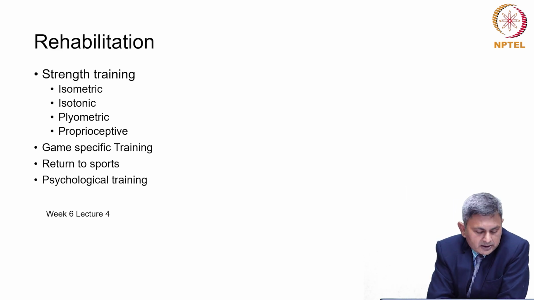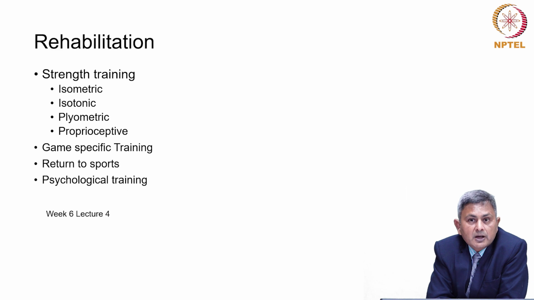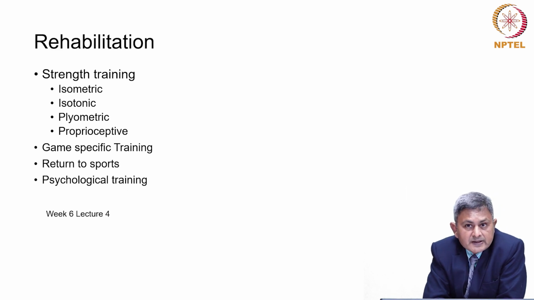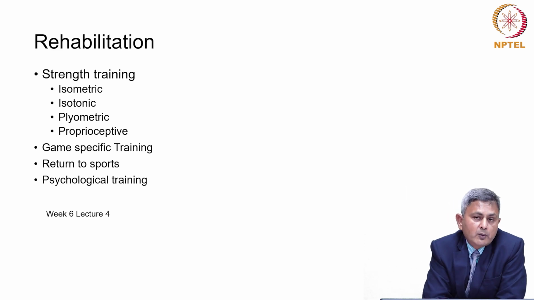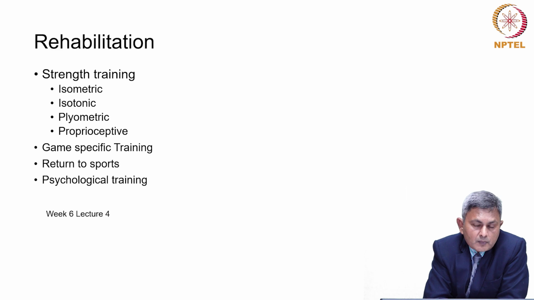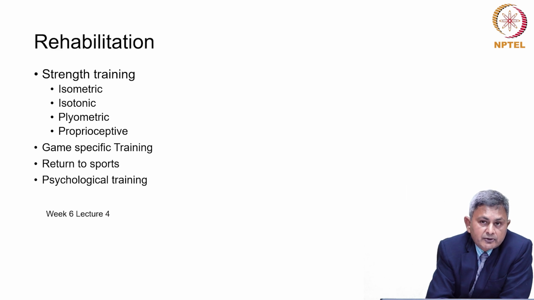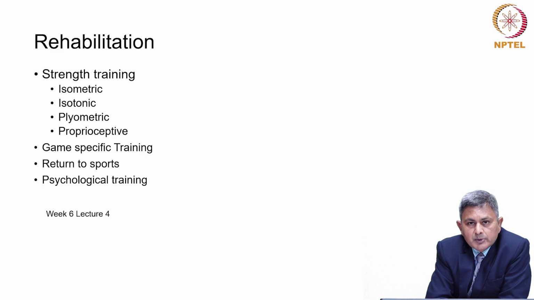Plyometric and proprioceptive exercises are specialized exercises which require trampolines, plyometric boards, or plyometric jump boxes. These have to be done under the supervision of a physiotherapist or a qualified doctor.